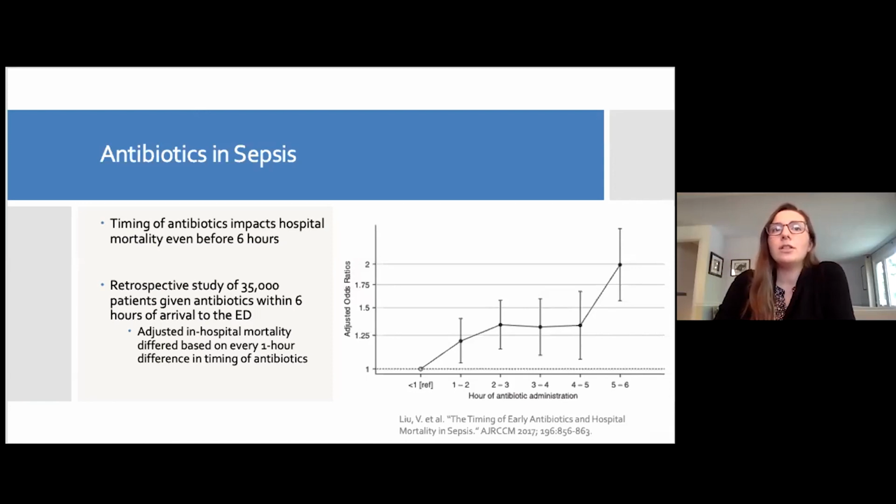So their adjusted in-hospital mortality differed based off of every 1 hour difference in the timing of antibiotics. And when we think about that with our patient, she was given antibiotics after the 2-hour mark. So her adjusted mortality was around here, odds ratio here. And if we had given her antibiotics earlier, potentially that could have been lower.